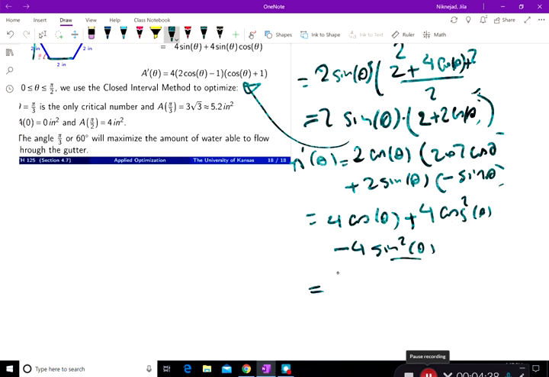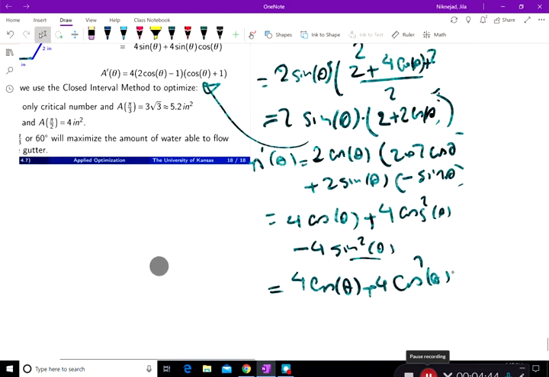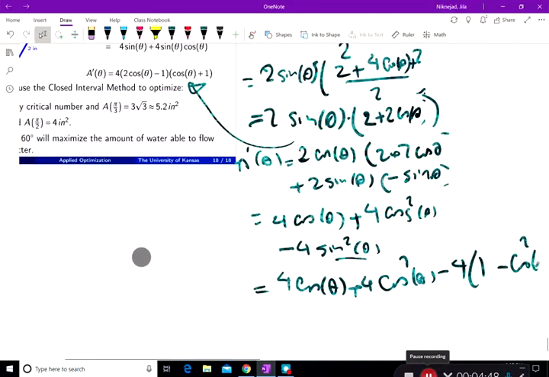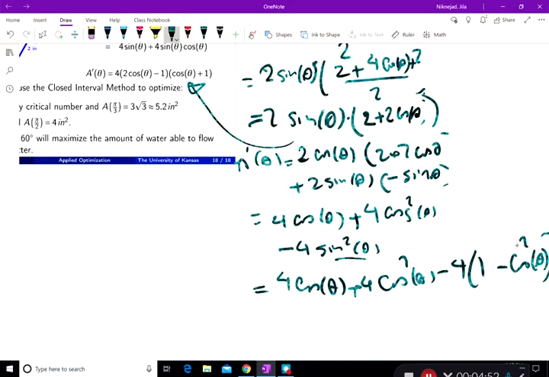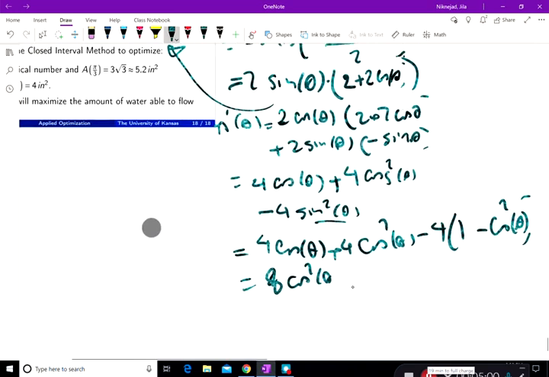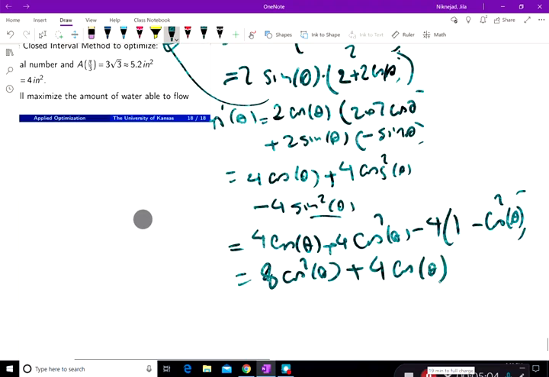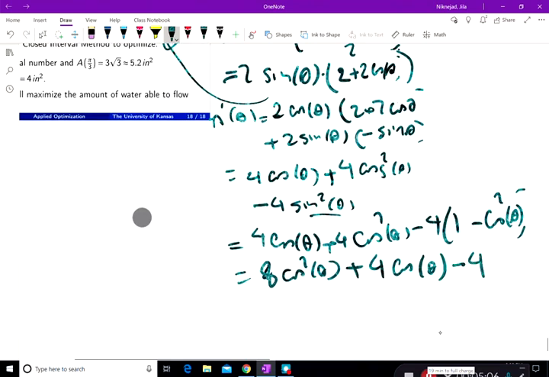So I convert: 4 cosine theta plus 4 cosine squared theta minus 4 times 1 minus cosine squared theta, and then add them together. What you end up with is 8 cosine squared theta plus 4 cosine theta minus 4.